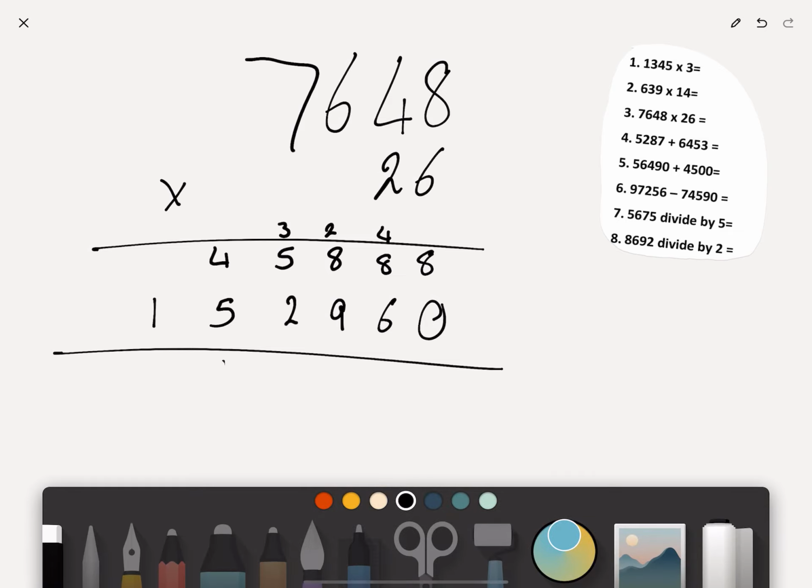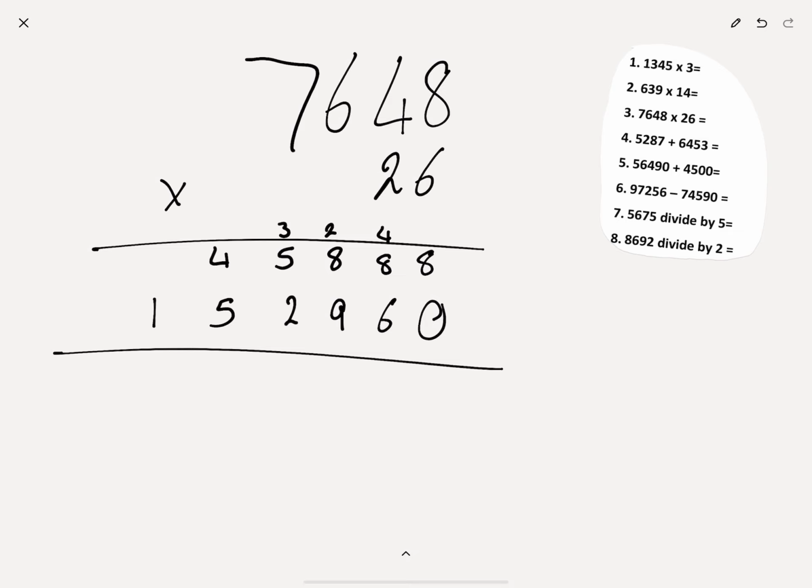Not the best place to put them, but 8. 8, 6, 14, carry them on again. 8 and 9 is 17, 18. 5, 6, 7, 8. Am I even close? 9, 1. So 198,000. Yeah. Sorry, I'm mumbling to myself, I know. 198,848, which is the correct answer.